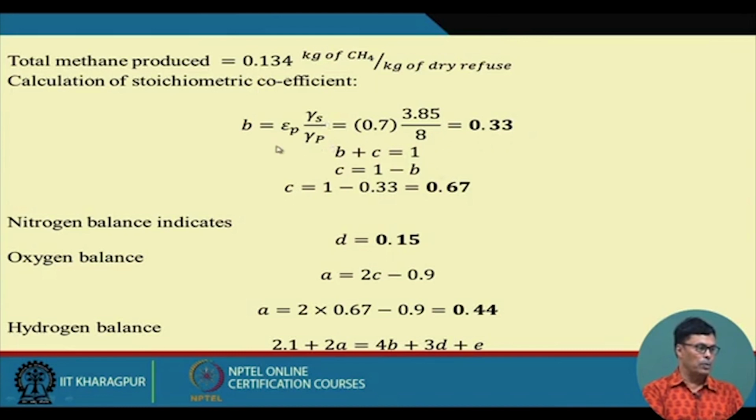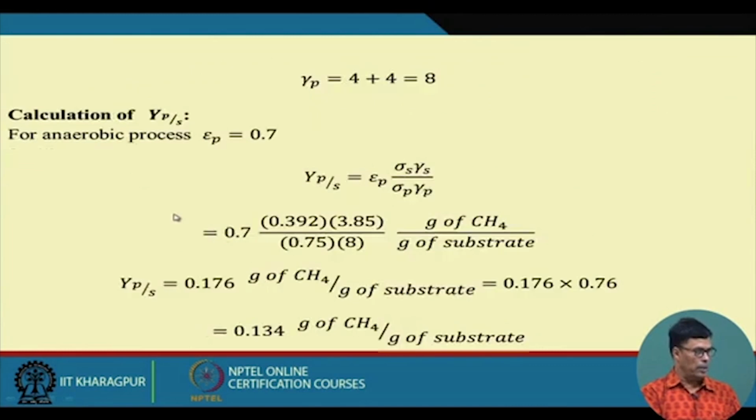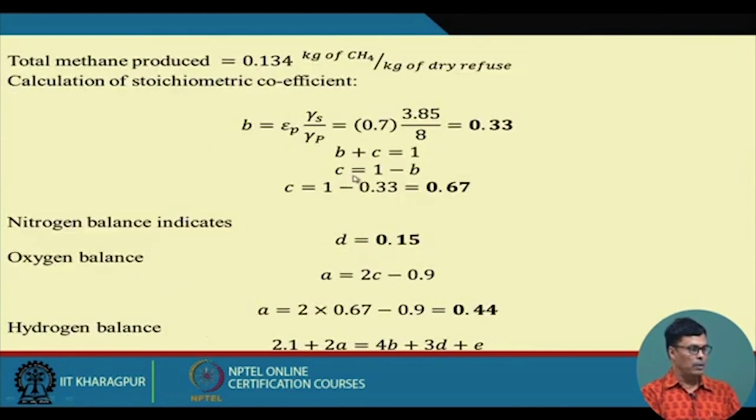Once we know this b value, we can find out the c value, because of the carbon balance, b plus c equals 1, and then we can easily calculate the c value.